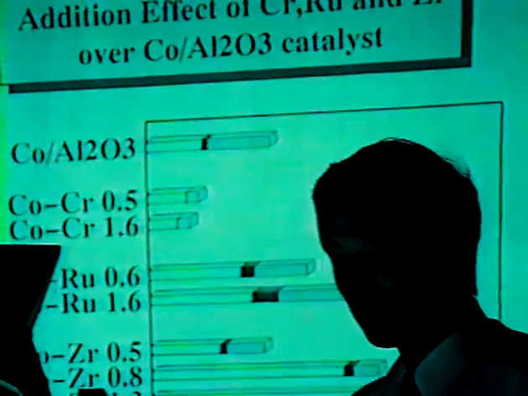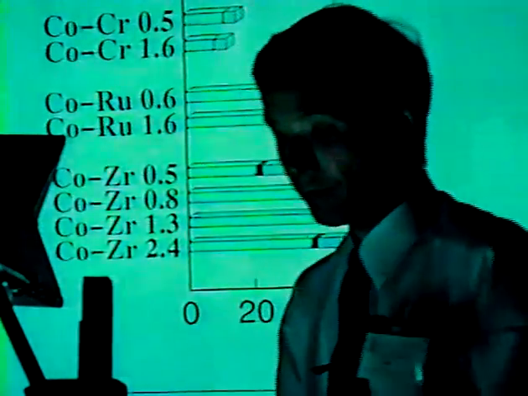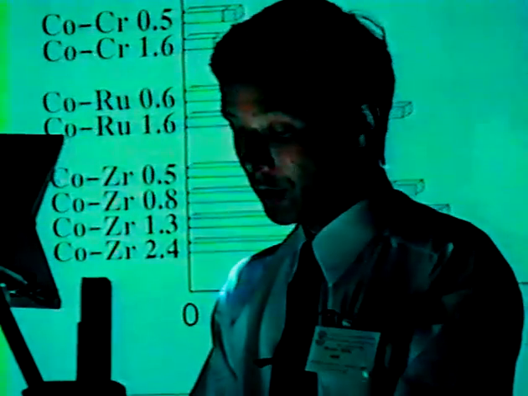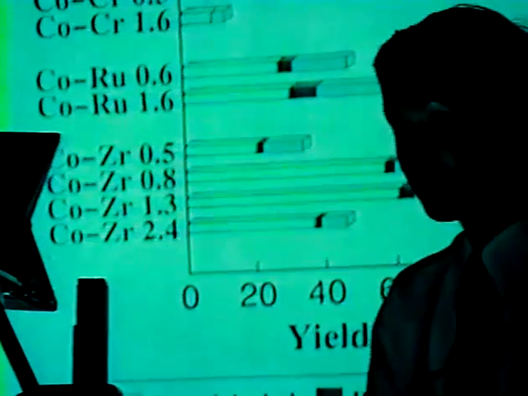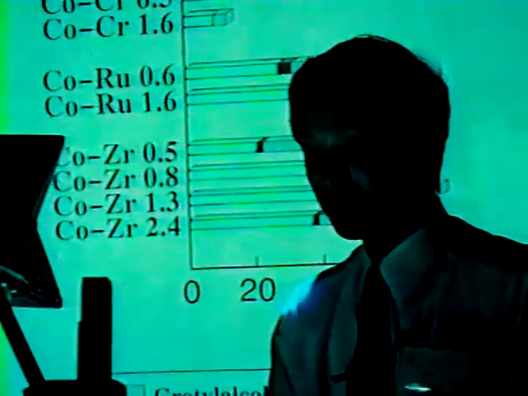This figure shows 3 types of promotion effects. By the addition of chromium, the formation of byproduct, butyraldehyde, decreased very markedly, but the yield of crotyl alcohol also decreased a little. So chromium promotes only the selectivity, not the activity.